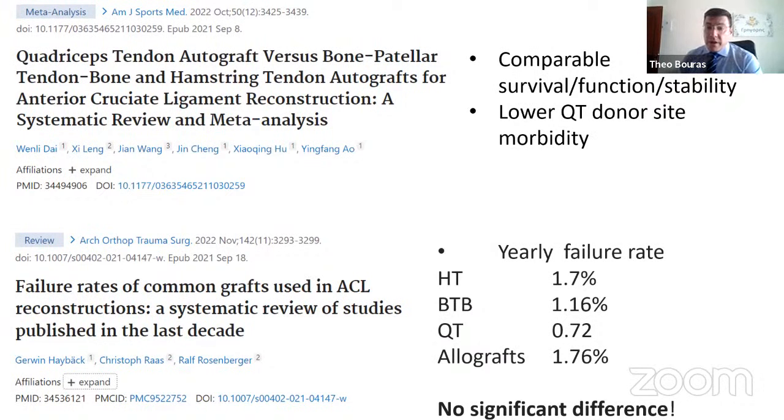In terms of yearly failure rate, there was no significant difference, not only between the autografts, but between the autografts and the allografts themselves, which is a bit weird, but the actual numbers show that the allografts had a bigger rate. However, there was no significant difference.